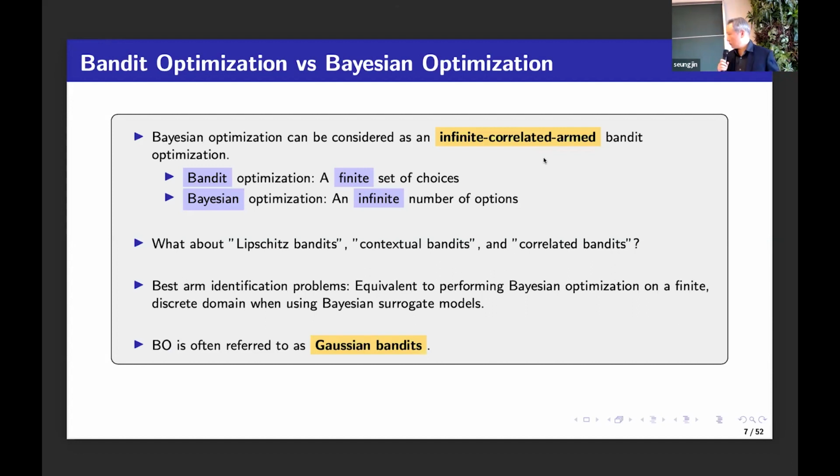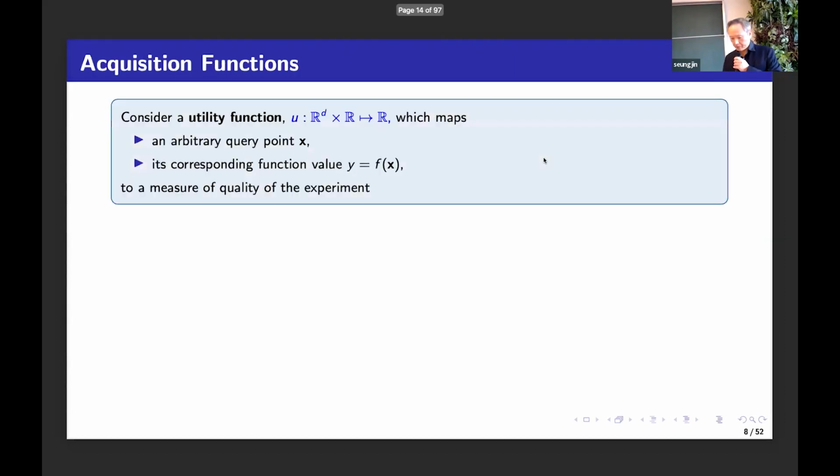But in fact, Bayesian optimization is also referred to as Gaussian bandits. Right. So if you remember, Bayesian optimization consists of two modules. The first module is probabilistic regression: build the surrogate models to roughly estimate the landscape of the objective function.